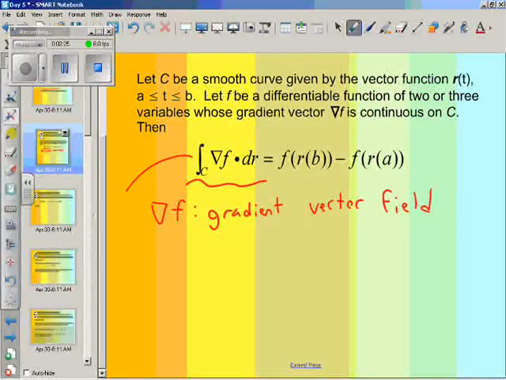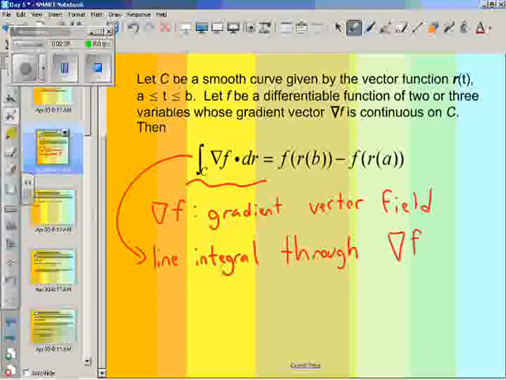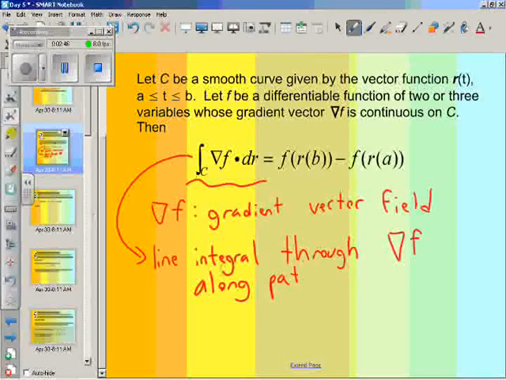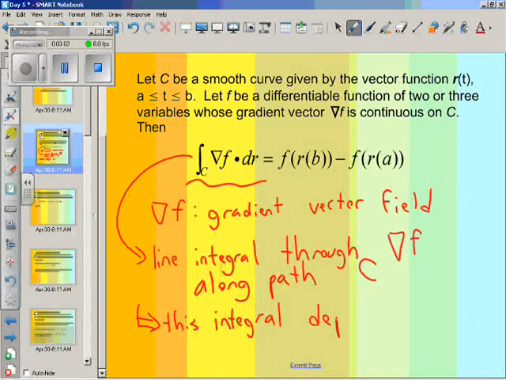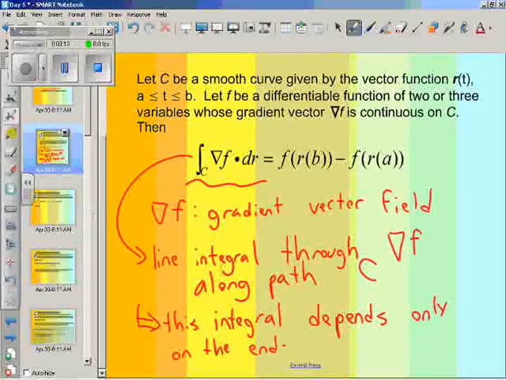So this whole thing here is just the line integral through that vector field along that path C. And this tells us that this integral depends only on the endpoints of C.